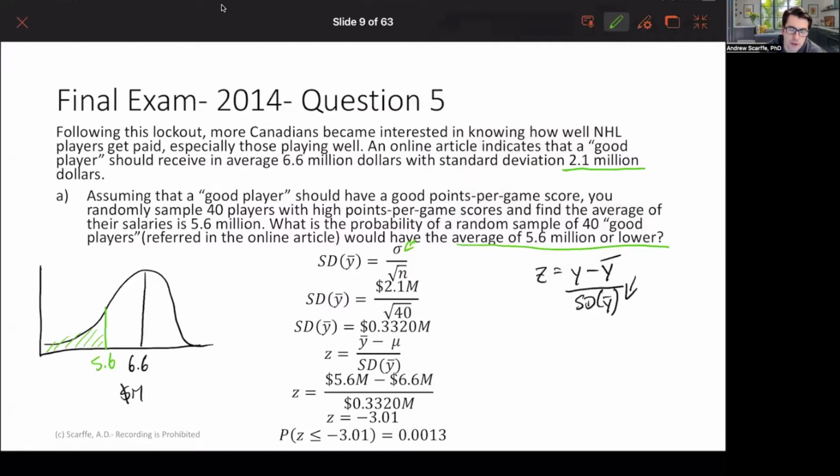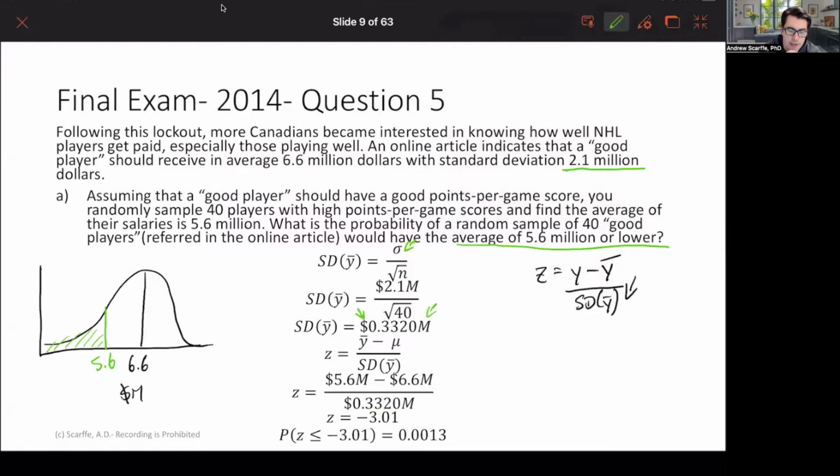So 2.1 million divided by the square root of 40 gives us standard deviation of Y bar to be 0.3320, and that, of course, is in millions of dollars. Remembering that when we have a standard deviation, we need to remember what units it's in, right? So in this case, we're in dollars, and that is millions of dollars.